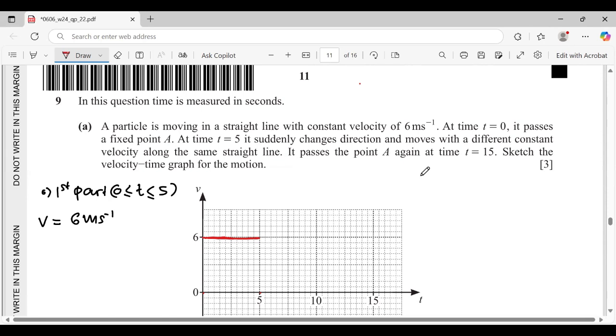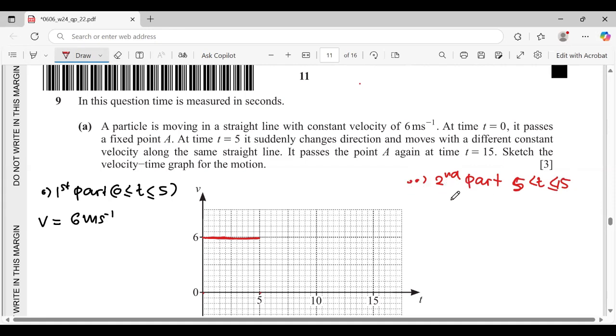So at the second part, the velocity from 5 to 15, okay, so this is 5, this 5 to 15.